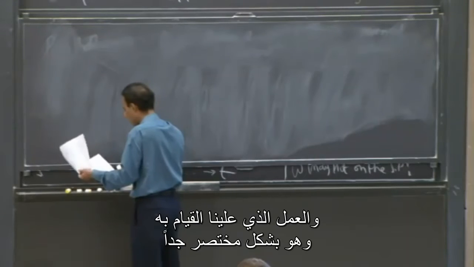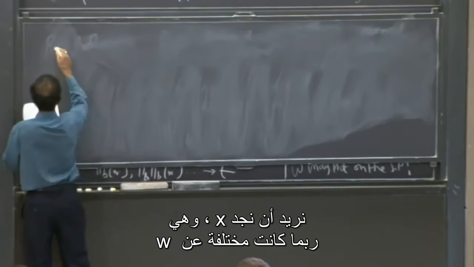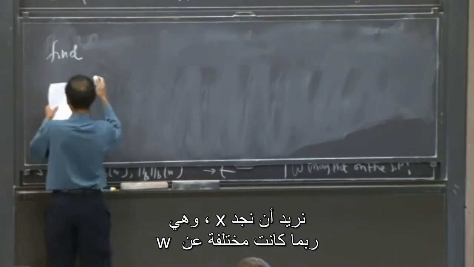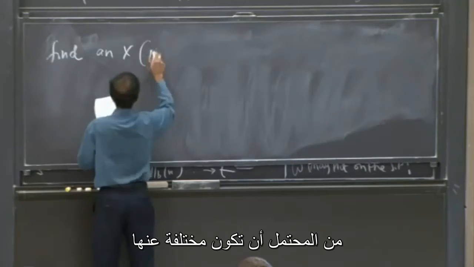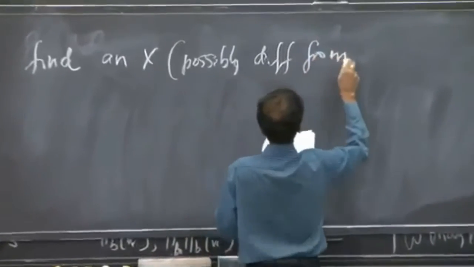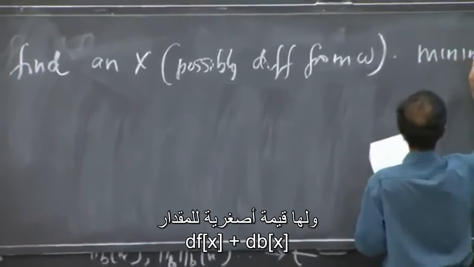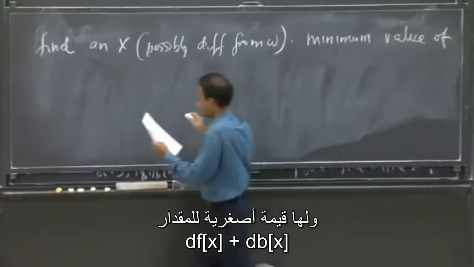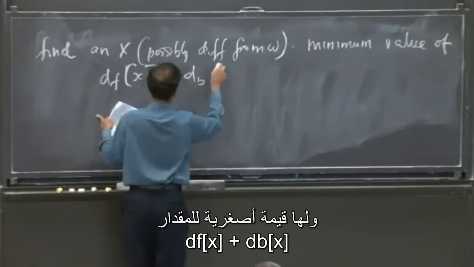The work we have to do is summarized very neatly by saying we want to find an x, which is maybe different from w, possibly, that has minimum value of df of x plus db of x.